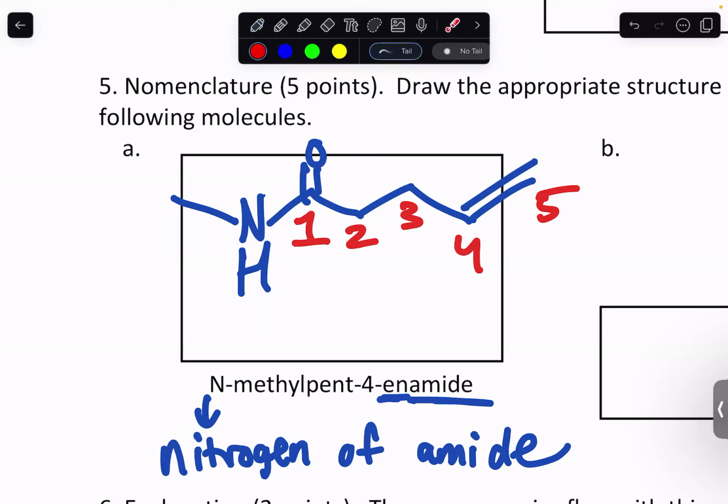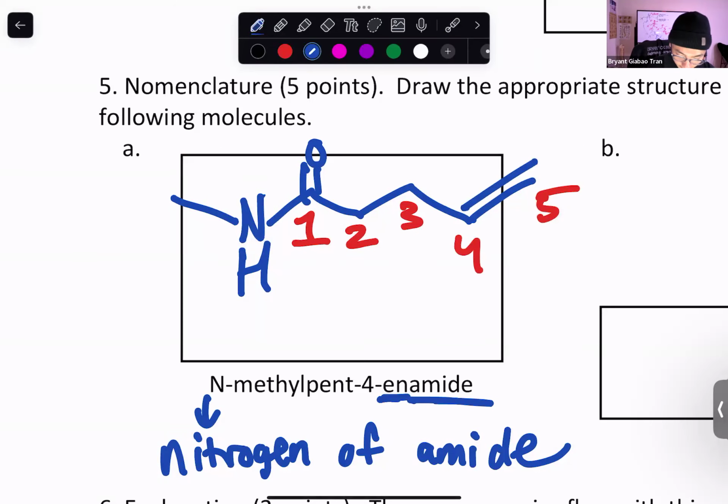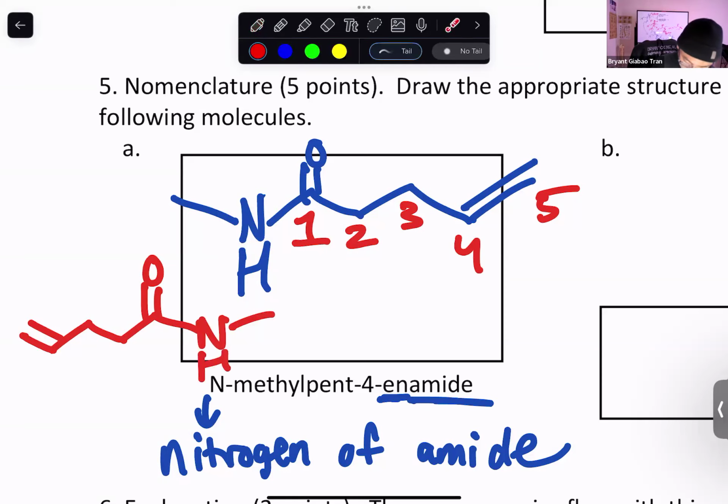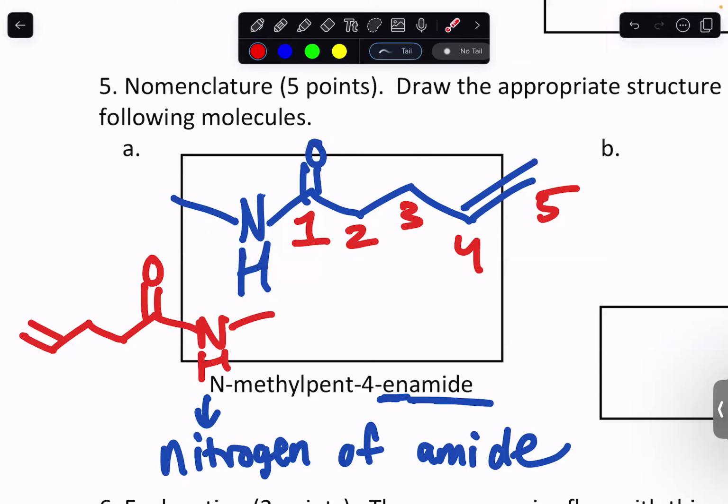So this is the overall structure, which is the same thing as what we put here, but just flipped. So the ending, the "ene", is the double bond. If it was "yne", it would have been a triple bond, right? Alkyne. Okay. Thank you.